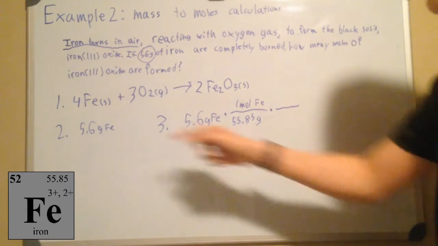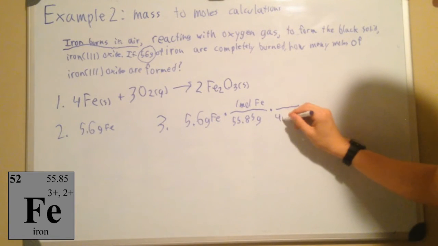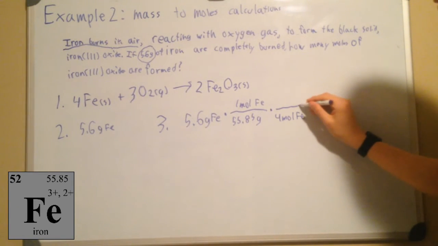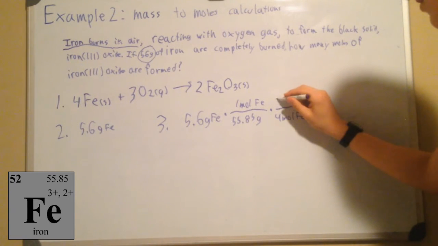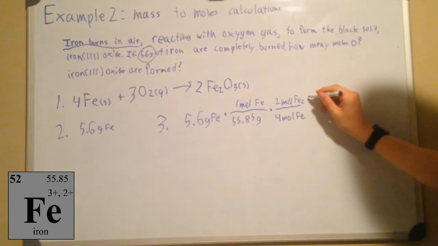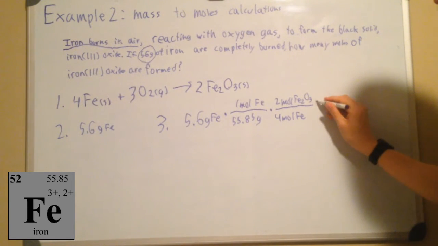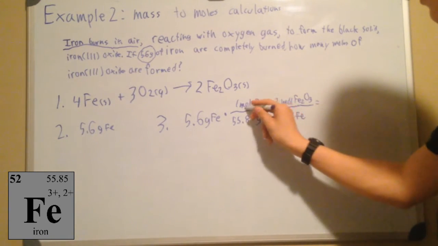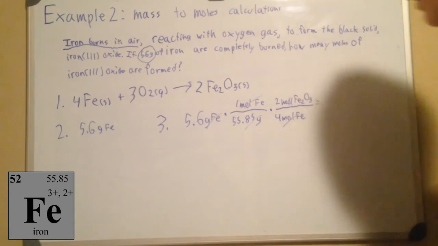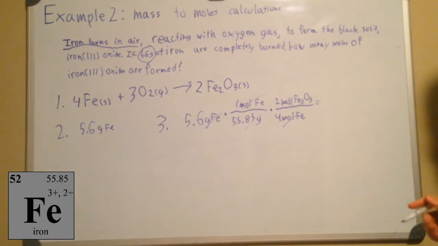Next, we'll multiply by the molar ratio between iron and iron oxide, which is 2 moles of iron oxide for every 4 moles of Fe. And that'll leave us with moles of iron oxide. Moles cancel out, grams cancel out, and all that's left is to put it into our calculator.